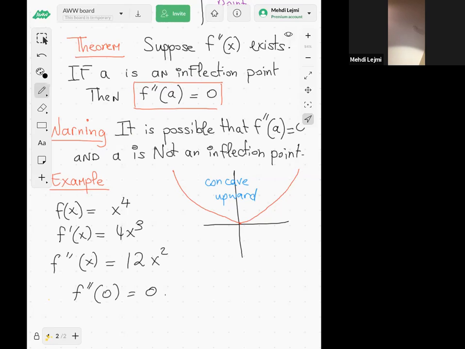So f second of 0 is equal to 0, but of course f of x, x fourth, doesn't change concavity at 0. So this is your f of x, and at 0, at this point, f of x does not change concavity.